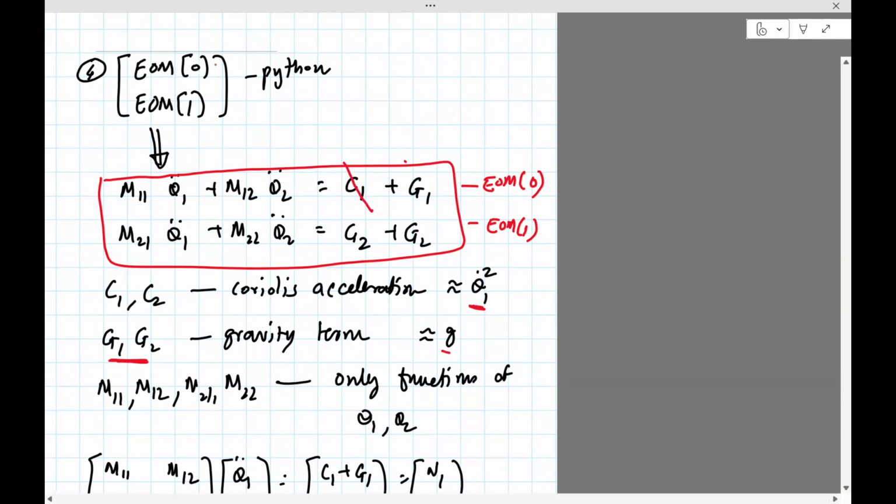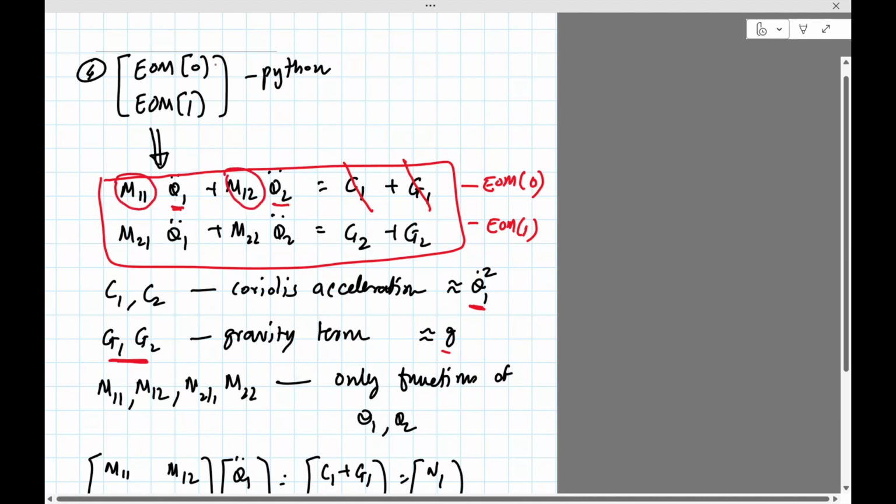You put gravity equal to 0, so this term will go to 0. And then you put theta1 double dot equals 1 and theta2 double dot equals 0. When you do that, whatever remains in EOM1 is M11. You can do the same thing for M12. You can put theta1 double dot is 0, theta2 double dot is 1, and you get that term. Once you found those terms, you can subtract out these two terms to get C1 and G1.